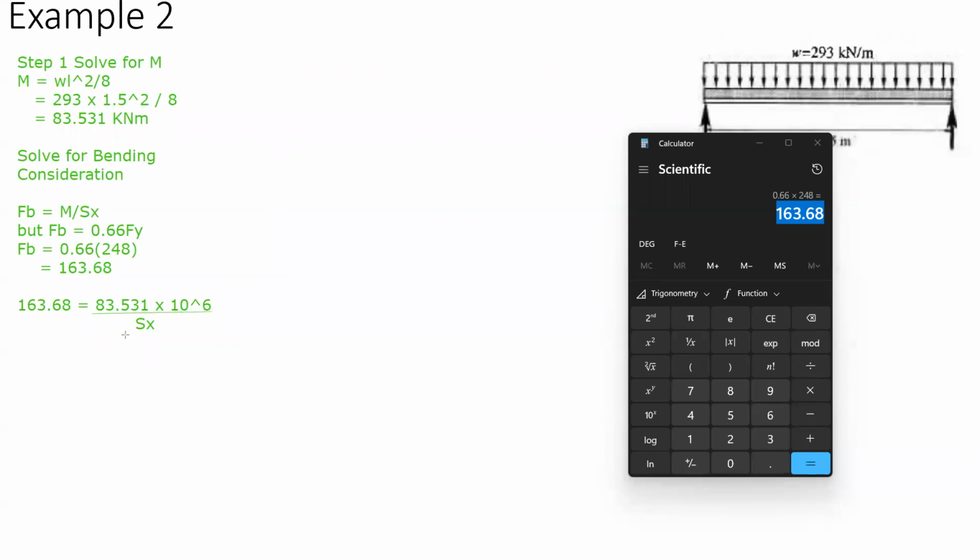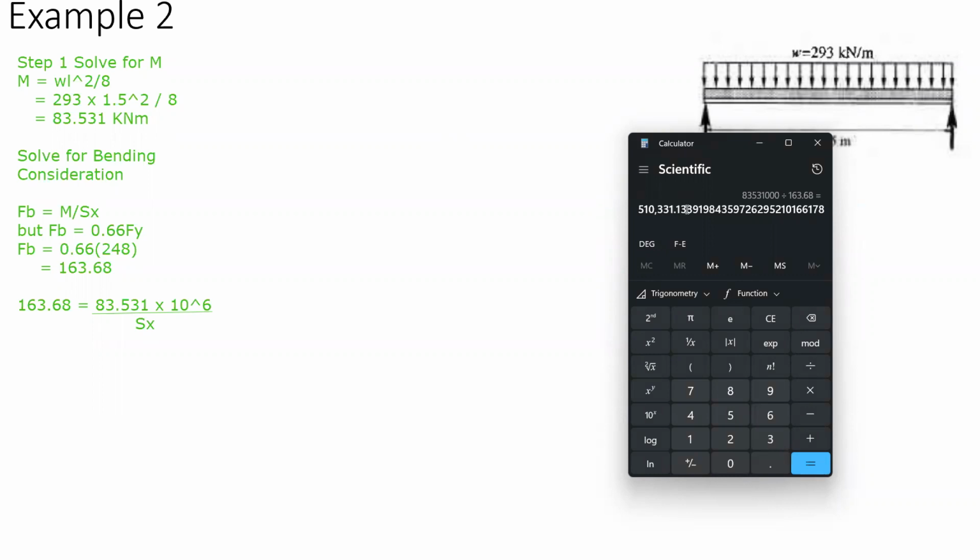Cross multiply, we have Sx is equal to 83.531 times 10 raised to 6 divided by 163.68.